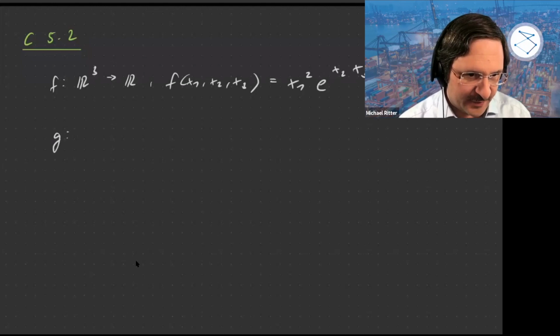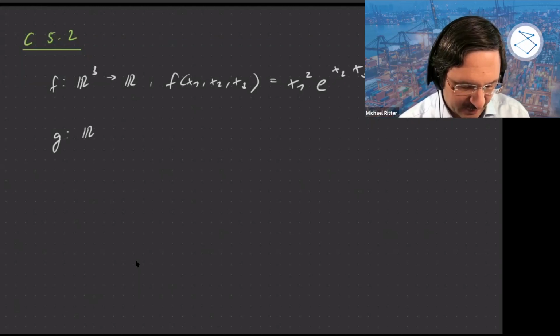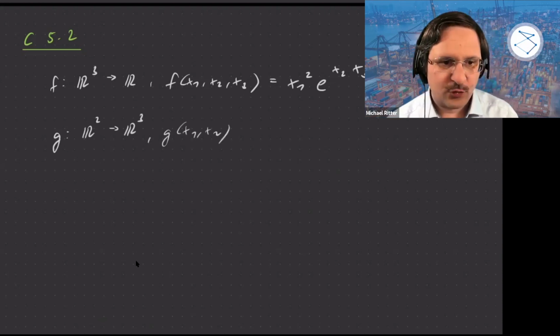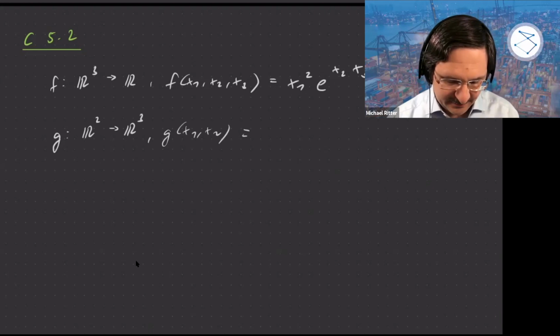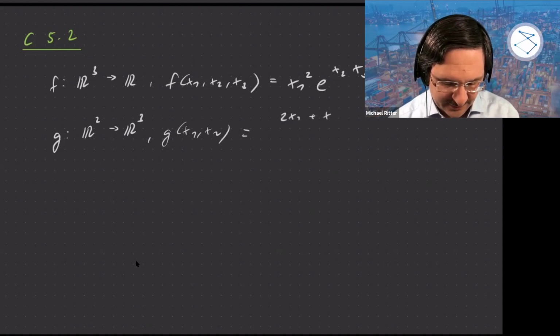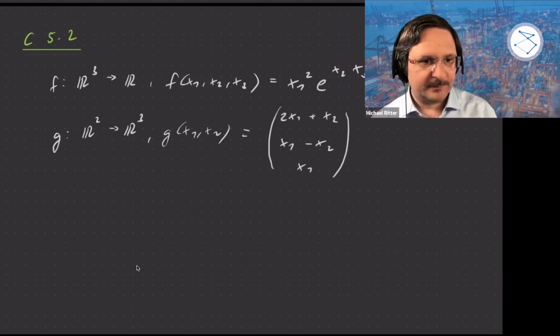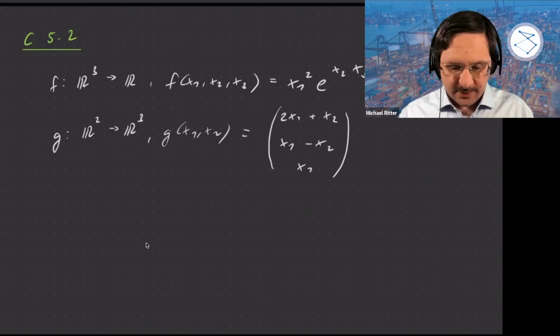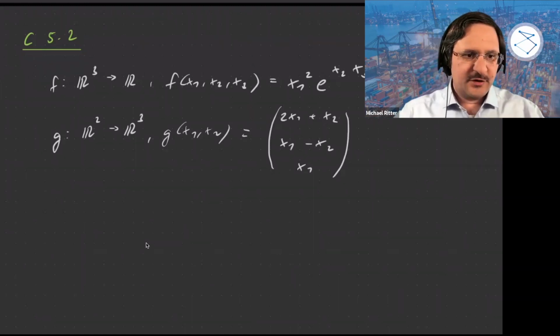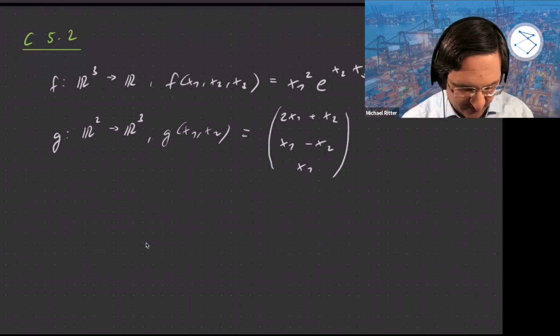It's going to be the inner function. G maps R2 to R3. And g of x1, x2 is defined as 2x1 plus x2, x1 minus x2, and x1. And our first task is to determine the derivatives of f and of g, respectively.